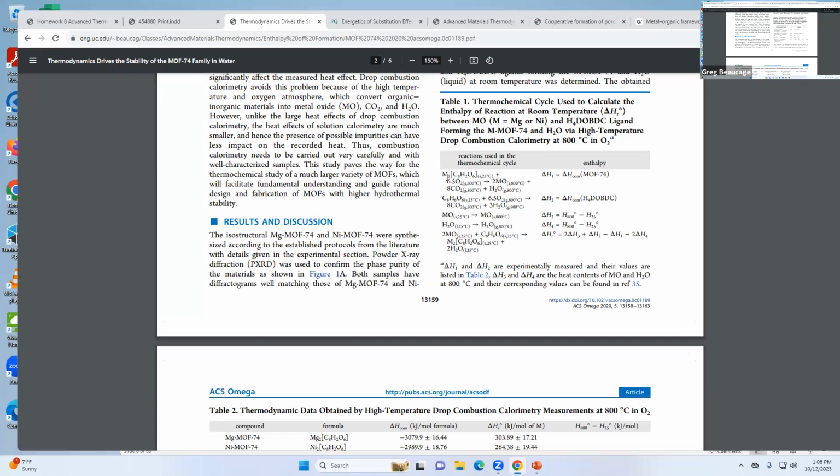So I think some of these are run backwards. Here's the metal organic plus oxygen goes to something, and then this is metal organic plus oxygen goes to something else, I guess, 3H2O. So this is a mono-dehydrated, tri-dehydrated.